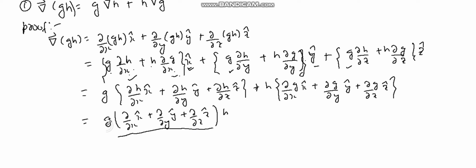This g scalar is multiplied by this operator, but this h is not multiplied by this operator, while this operator acts on this h. So this is the difference between these two. Otherwise this term and the term that I'm going to write are exactly the same.